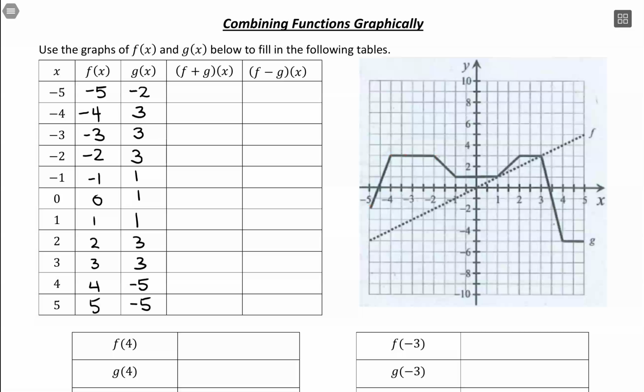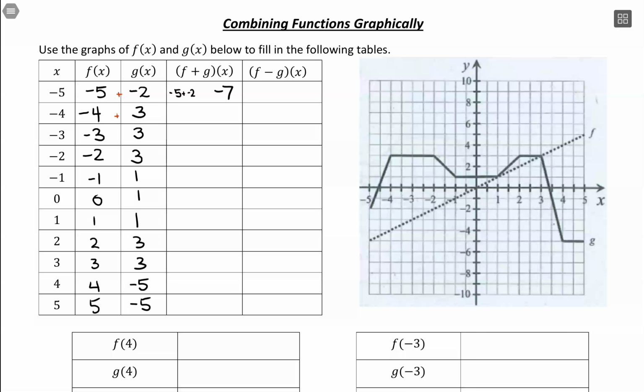Now adding the functions, it's really nice to do this in table format, because what we're going to do is just go through and add these numbers together. So it's like I'm putting addition between each of these numbers. So I'm taking f of x plus g of x. So for the first one, I would be taking -5 plus -2, which is -7.